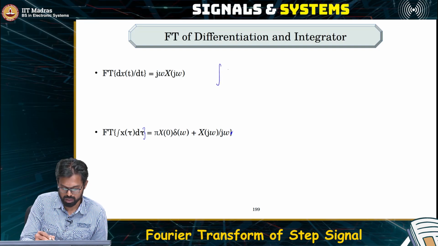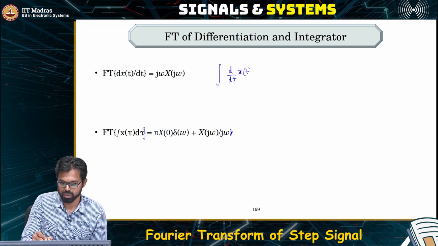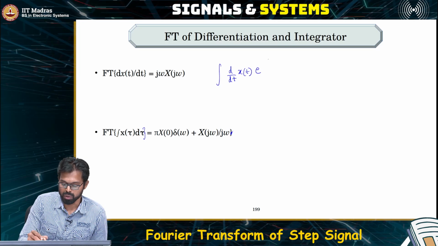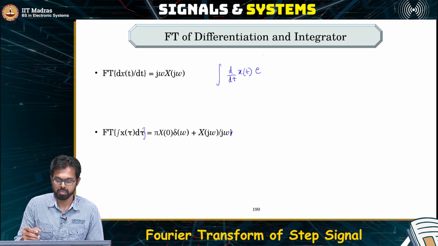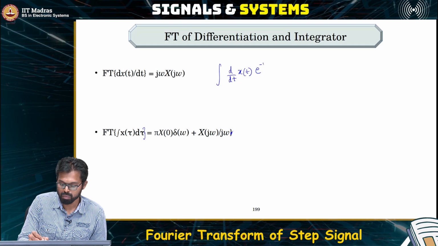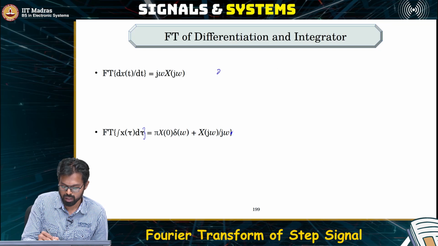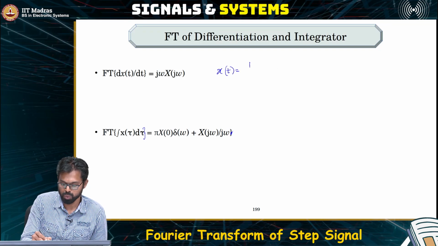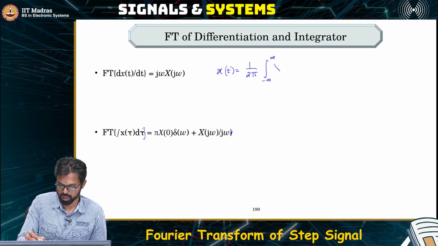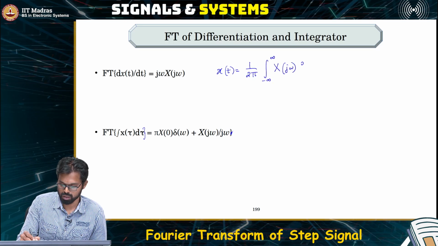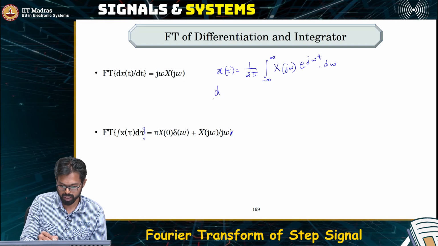The Fourier transform of d by dt of x of t is the integral of the derivative times e power minus j omega t dt. So we can say that x of t is equal to 1 by 2 pi times the integral from minus infinity to infinity of X of j omega e power j omega t d omega. Now take the derivative.